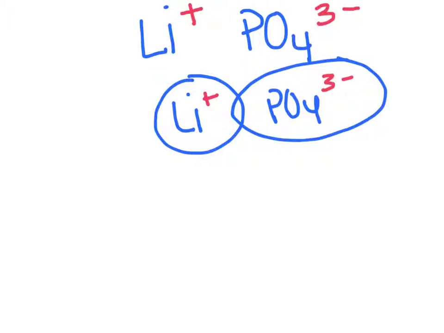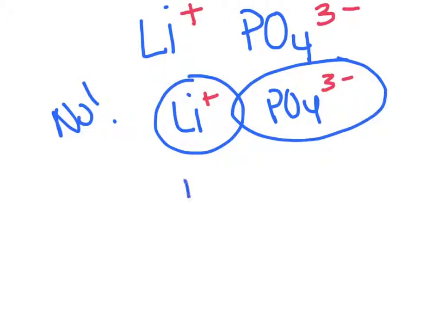The answer, of course, is no. 1 plus does not balance out a 3 minus. Okay, that's not neutral. So go ahead and add whatever ions you need to get a neutral compound. Pause me and see what you would add.